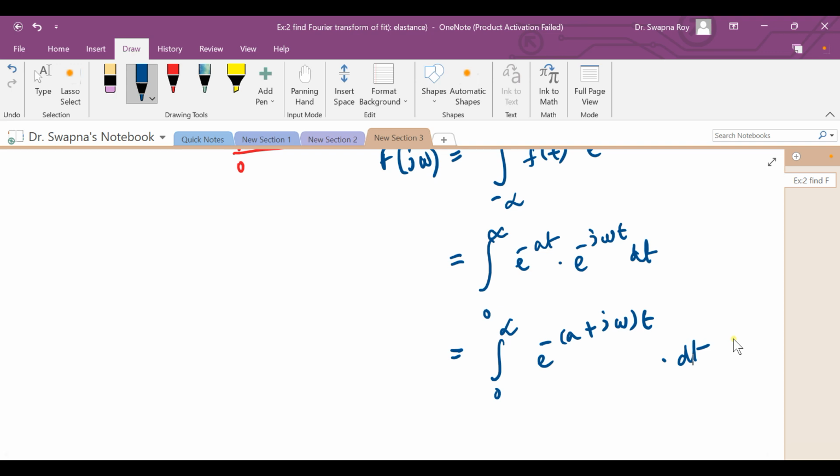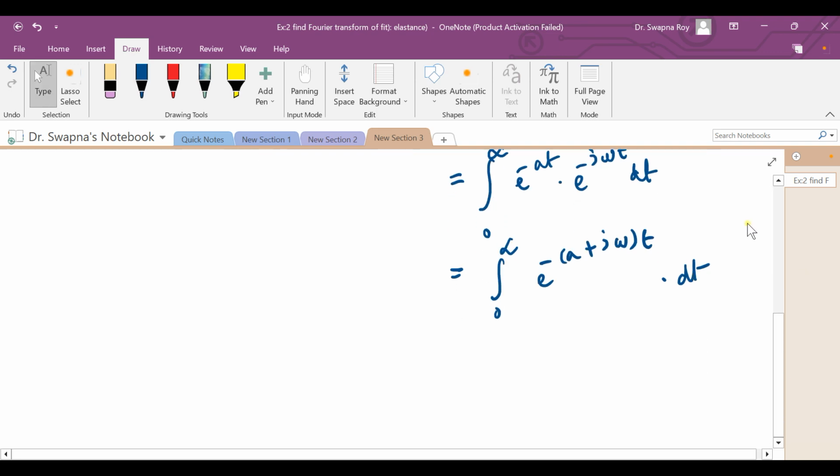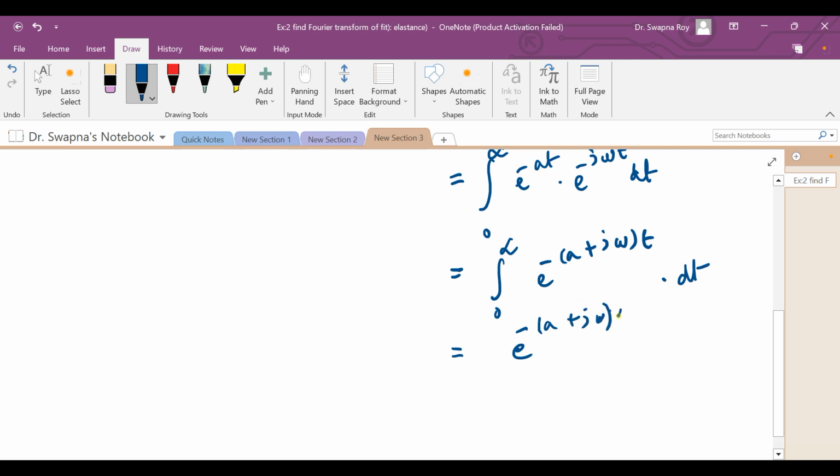So after integration, this is equal to e^(-(a + j omega)t) divided by (-a - j omega), with limits 0 to infinity.